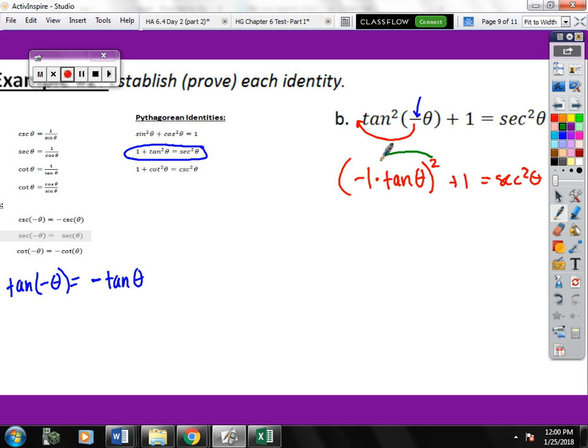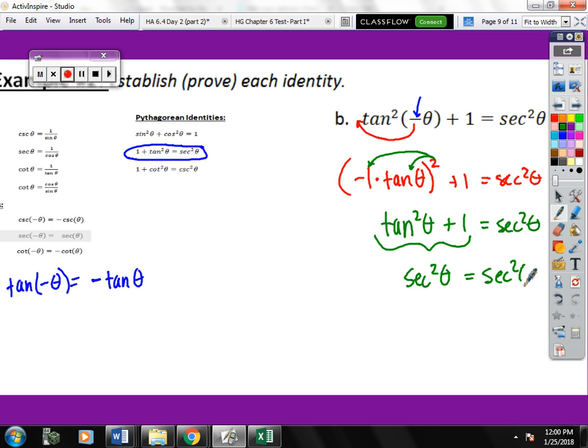And so whenever we do square the negative 1 and we square the tangent, you end up getting positive 1. So it's just tangent squared plus 1, and since tangent squared plus 1 equals the secant squared, I can say that secant squared equals secant squared.